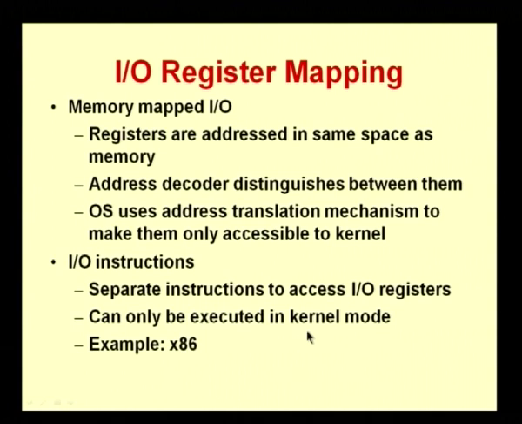These special instructions can be used to access the input output devices, and of course they can be executed only in kernel mode. Some processors like the x86 support such separate instructions for IO. So these are the two options that we have.